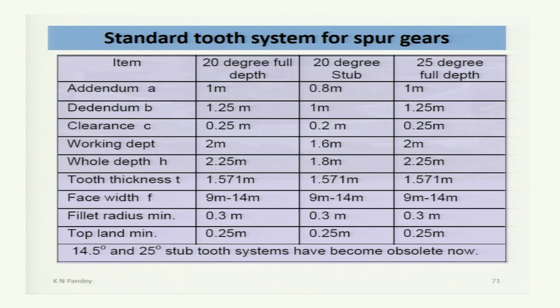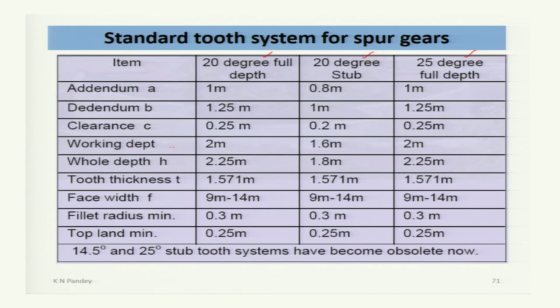This shows you the standard tooth system for spur gears for 20-degree full depth, for 20-degree stub and 25-degree full depth. The values of addendum, dedendum, clearance C, working depth, which is equal to the sum of this addendum and the depth above the base circle and below the pitch.